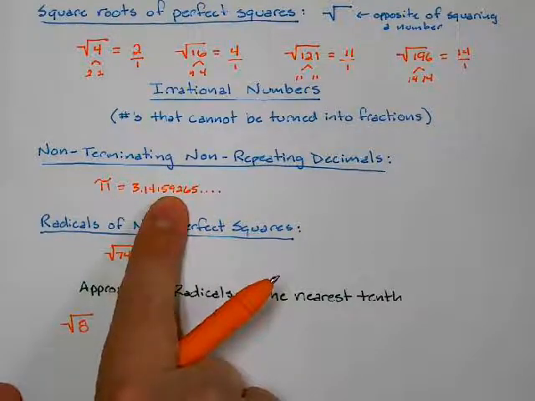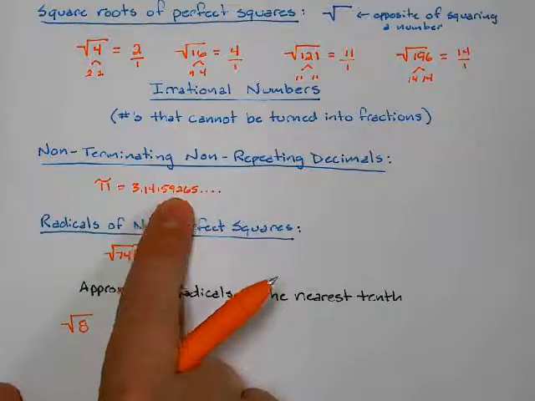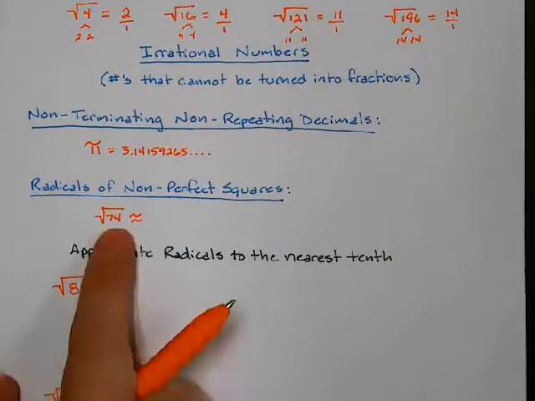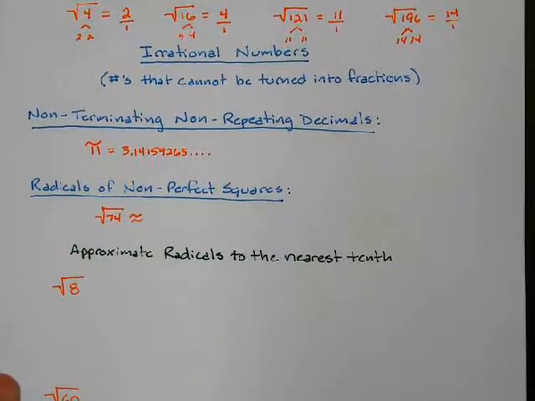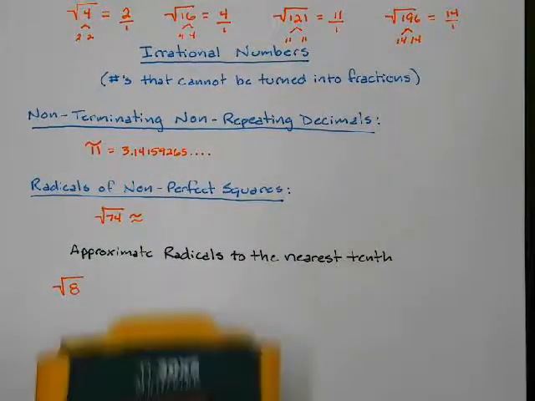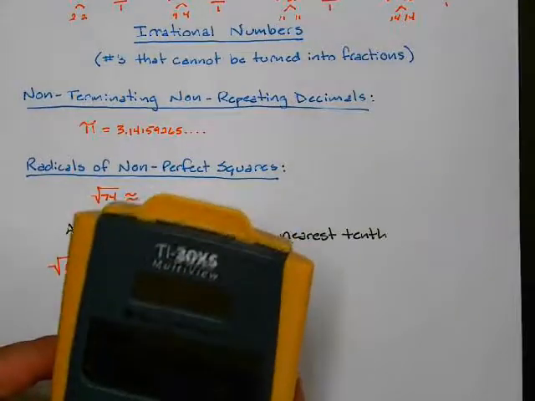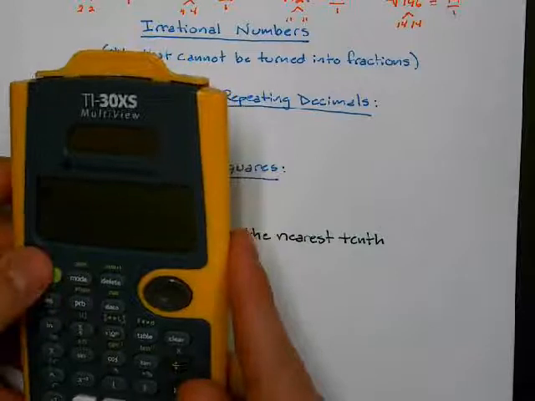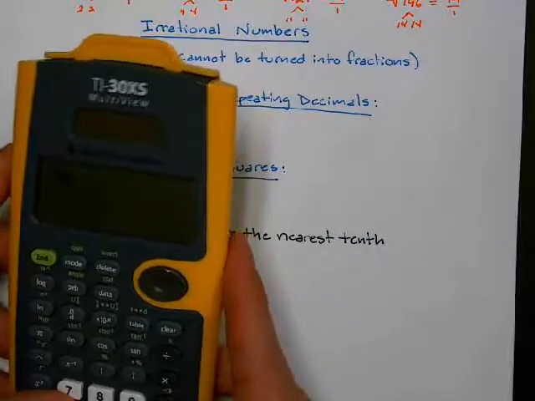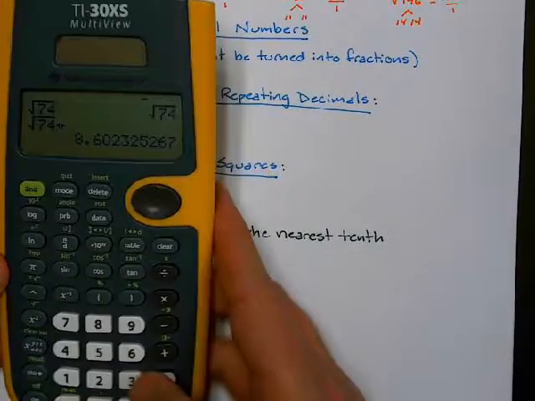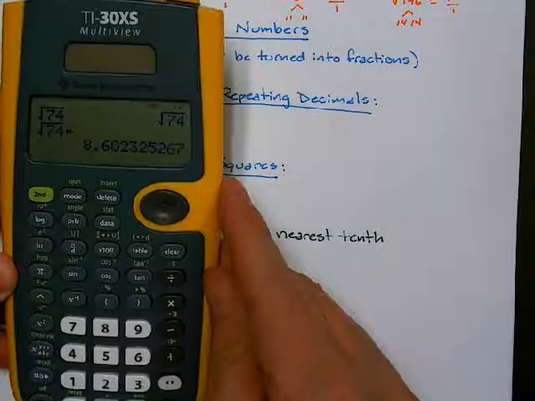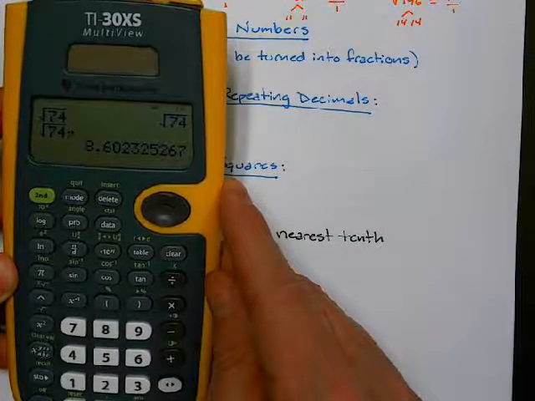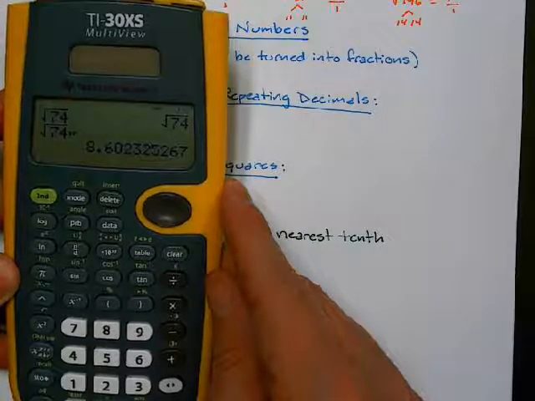And that gets us to radicals of non-perfect squares. So 74 is not a perfect square. If we wanted to pull out our calculator and find out what the square root of 74 was, on my calculator, it says that it's 8.600232526. Now, my calculator is rounding because it's impossible to actually write down that number.